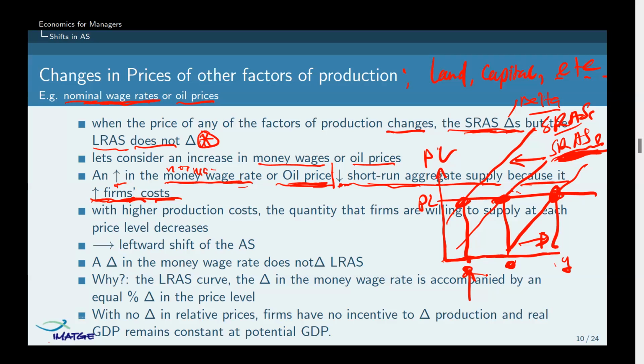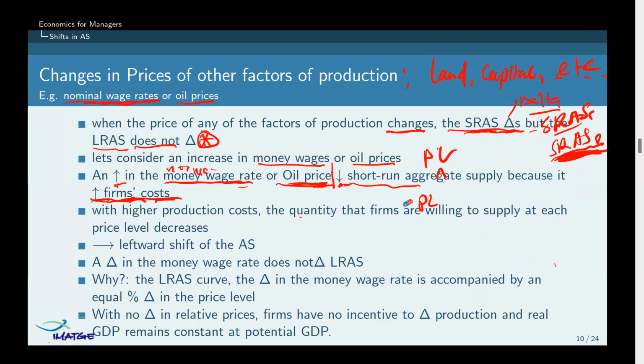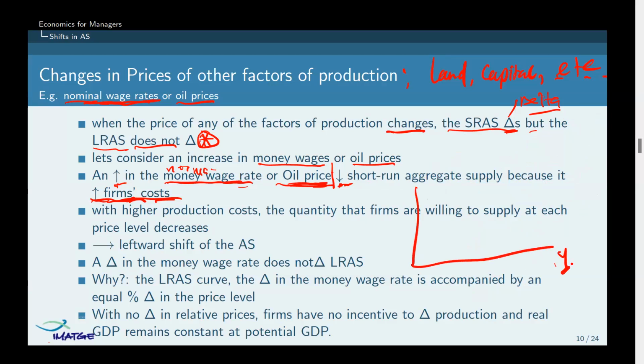Okay, so with higher production costs, the quantity that firms are willing to supply at each price level decreases. That's why I've shown you something like this: this is your output, real GDP, this is your prices, and this is your short run aggregate supply 0, and then this is your short run aggregate supply 1.